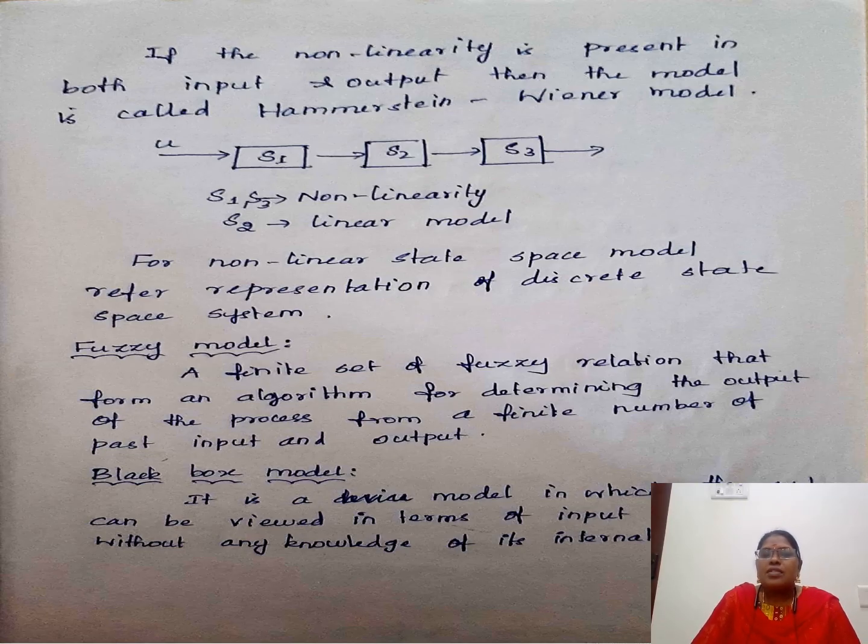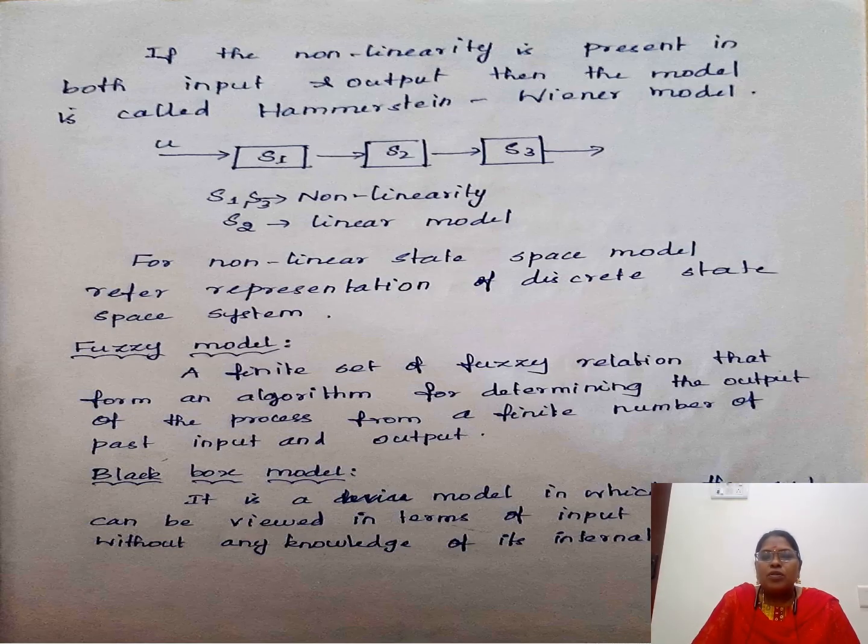Next comes the fuzzy model. A fuzzy model is a fuzzy relation that forms an algorithm for determining the output of any system. We can obtain the output of any system from a finite number of past inputs and outputs. Such models we call fuzzy models.